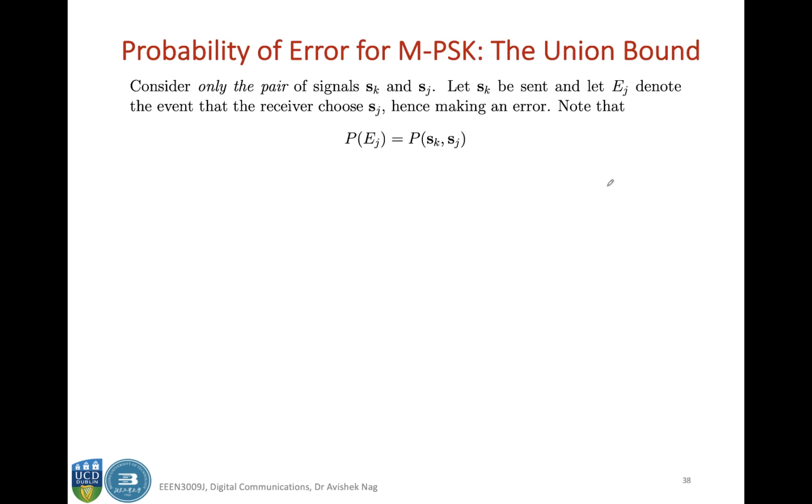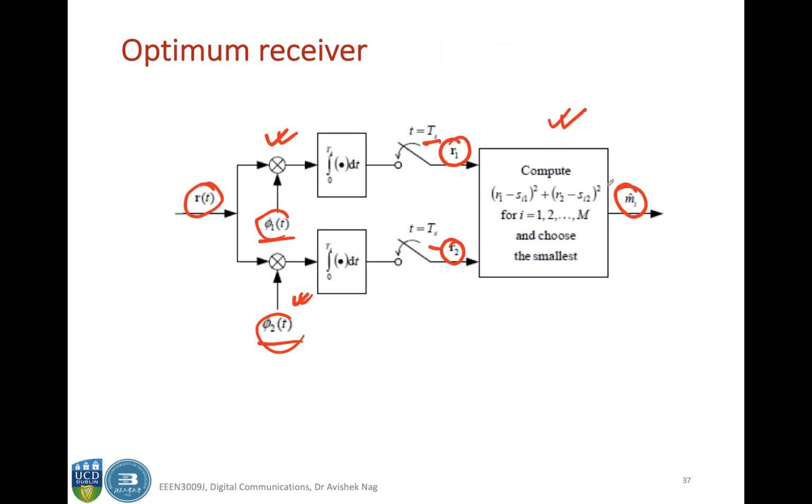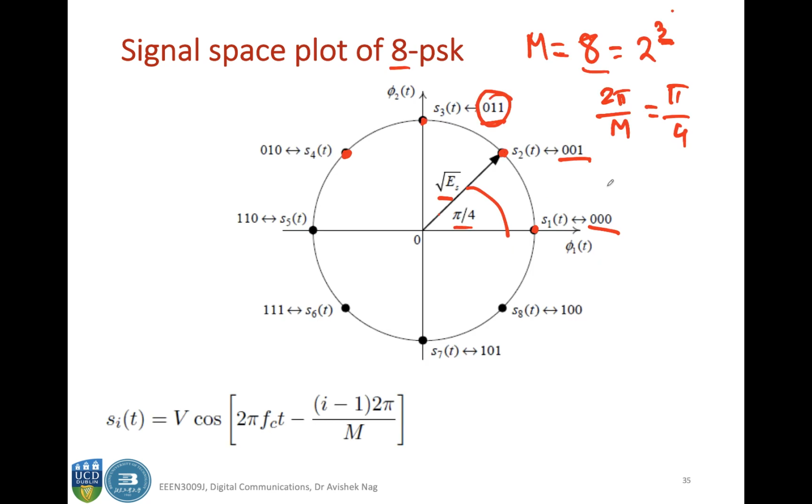Now if we want to calculate the probability of error for an M-PSK, let's take the example of 8 PSK here. If you have these signals which are spaced pi by 4 apart, and if you want to draw the decision boundaries for these, then the decision boundaries are nothing but the perpendicular bisectors of the line joining the two signals.